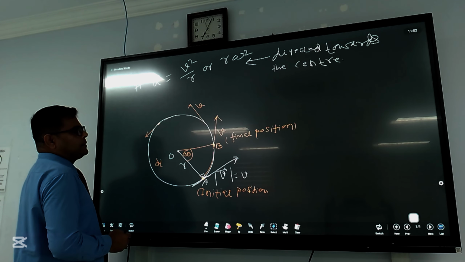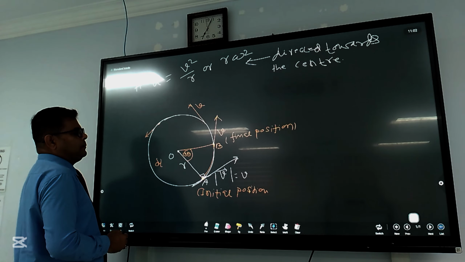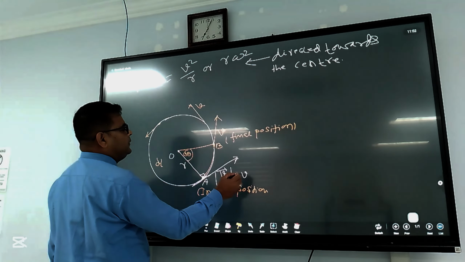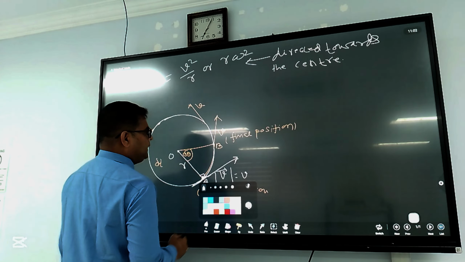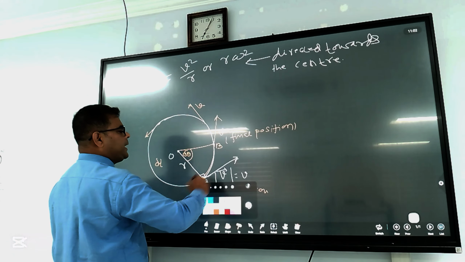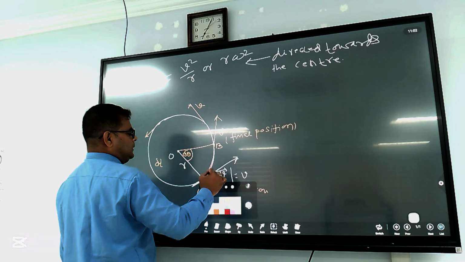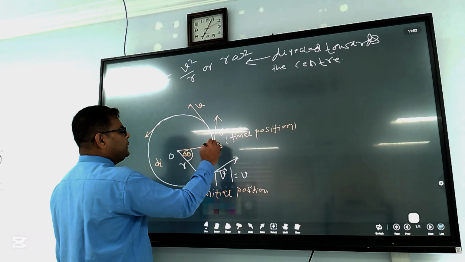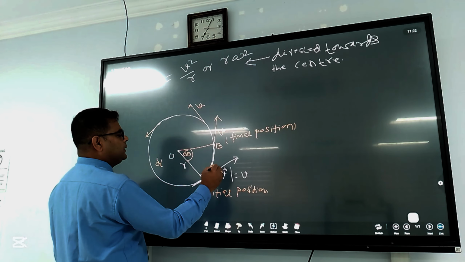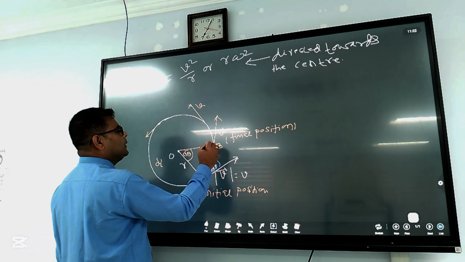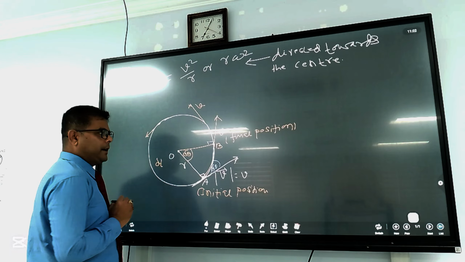So in order to find the initial and final positions, suppose that this is v. Now let's take a line parallel to the tangent line at point A. From your previous video you know that this angle is going to be del theta, because this is also 90 degrees to the tangent.